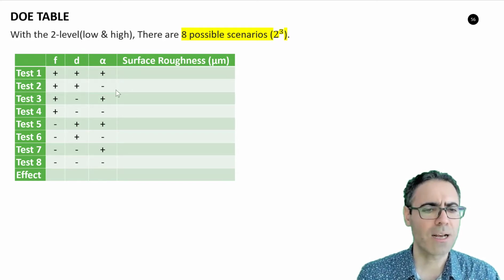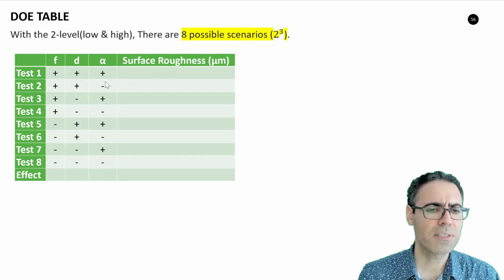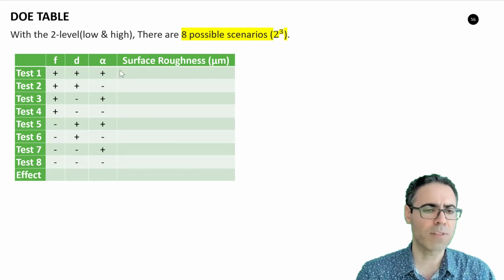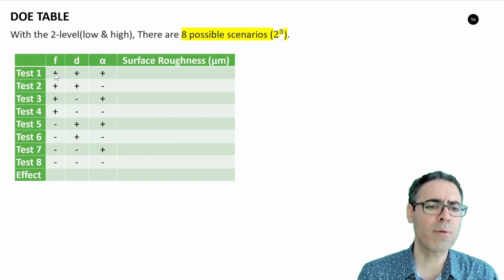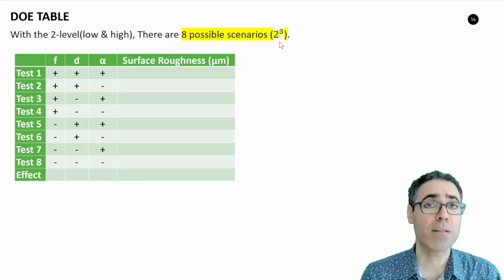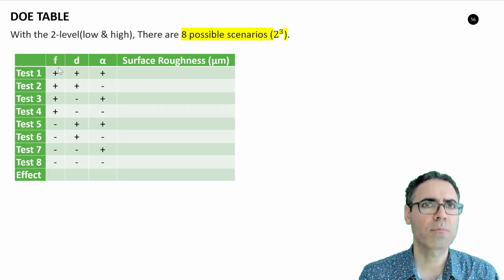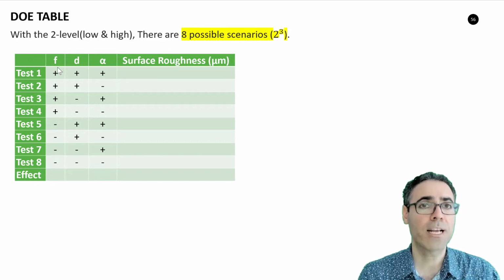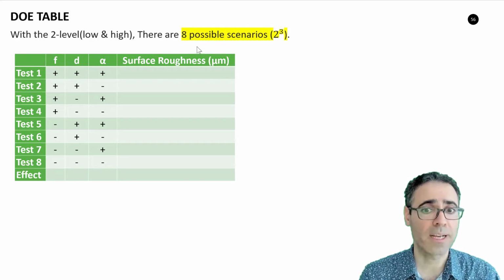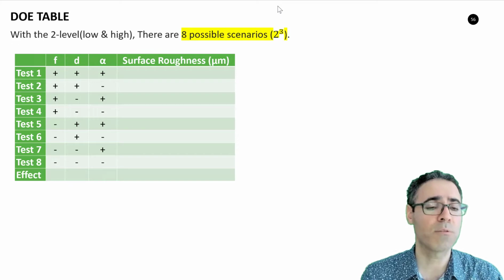it's very easy. If it's not intuitive for you how to form these and not forgetting each of them, one way that I do it, if I have 8 possible scenarios, for the first parameter, I decide to change the sign every 4 steps. Right? So I have 8 total possible scenarios, divided by 2 gives me 4.